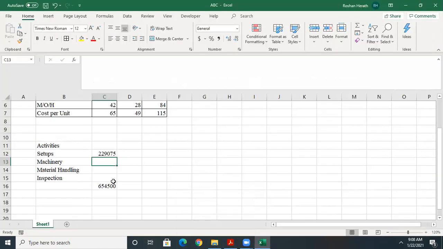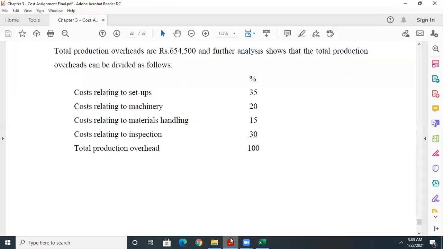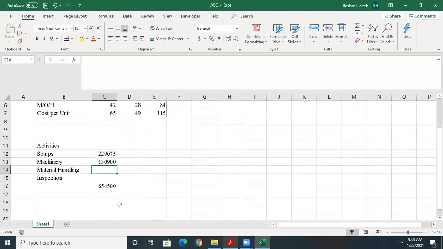Then it's 20%, then we have 15%, then we have 30%. This is the cost that you have. You have identified the activities, then the cost.